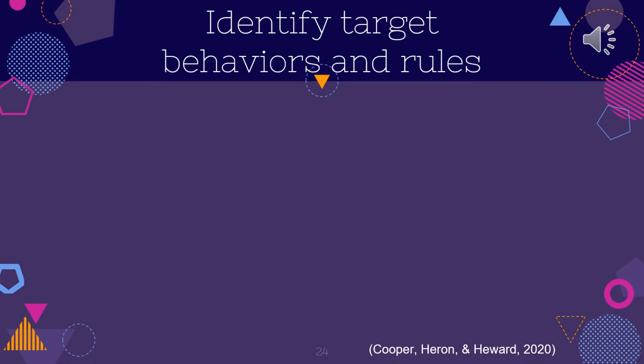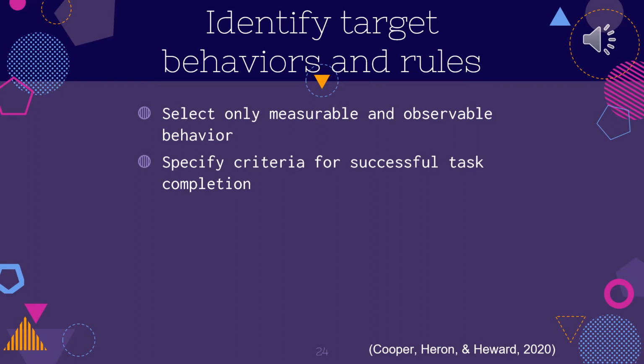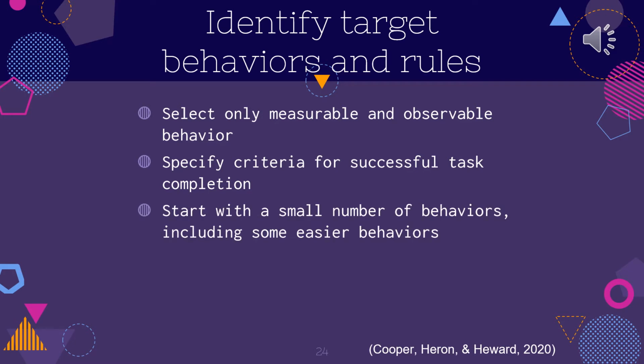The first step was to identify target behaviors and rules. You should always select only measurable and observable behavior. You should also specify criteria for successful task completion. This will make it obvious to the learner what behaviors they need to engage in. Start with a small number of behaviors, and you should include some easier behaviors.